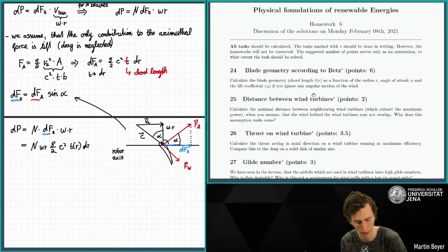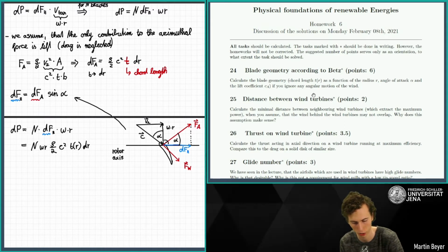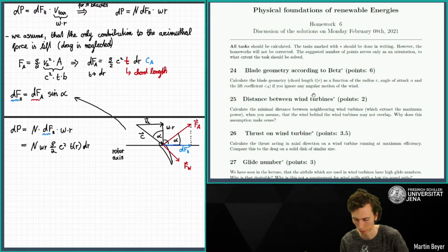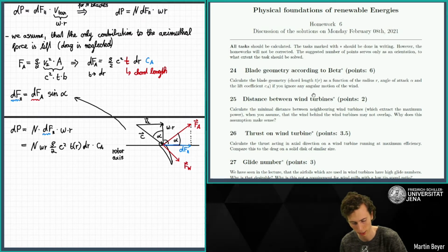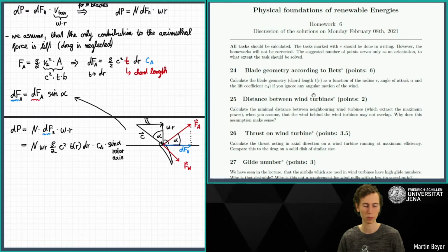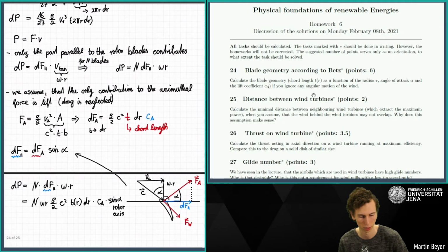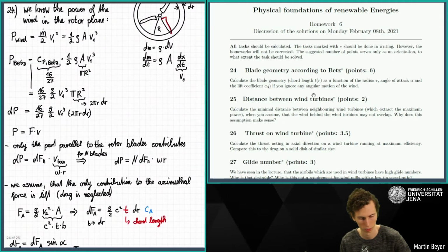So here is also the lift coefficient, which I somehow forgot to write. So we also have the lift coefficient Ca times the sine of alpha. Now we have an expression for dP and also for the Betz power.